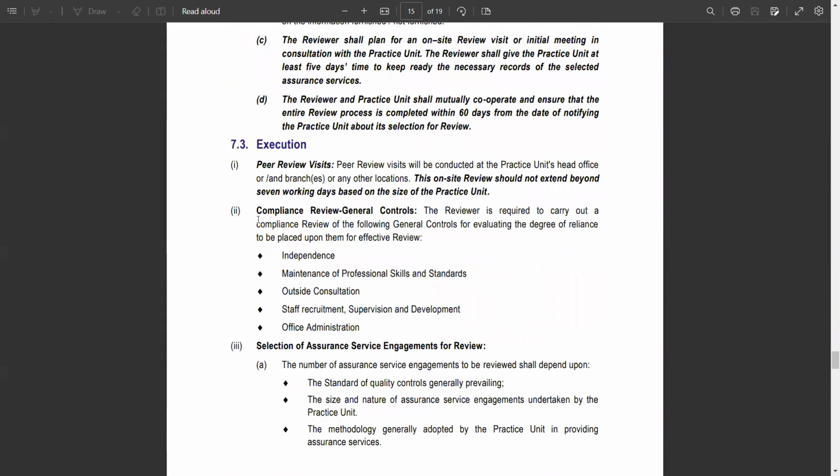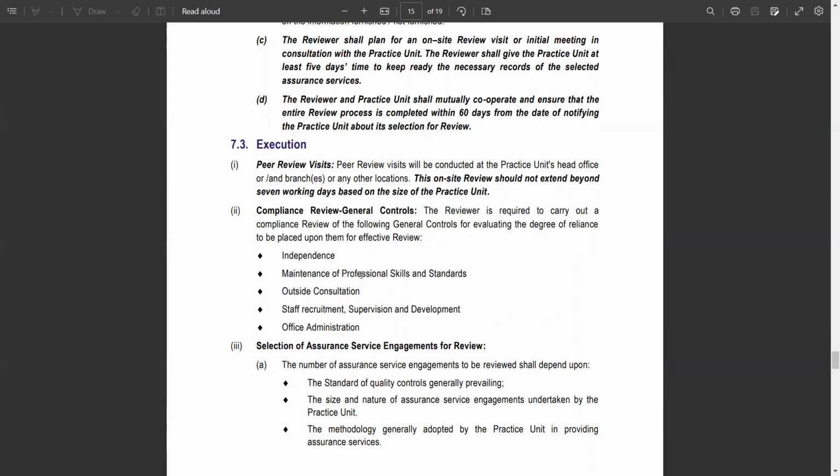It has to be done in 2 parts: compliance review, and selection of assurance service engagements for review. You can read and understand these points for the compliance review general controls. These are the points which are common, which you can also mention in your risk assessment and internal control chapter.